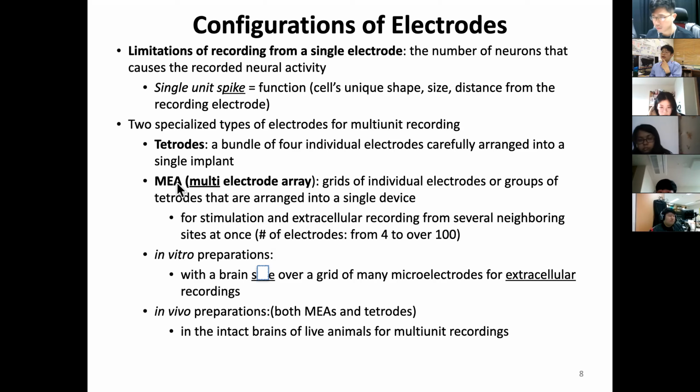So for MEA, if we have multiple electrodes, some of the electrodes we can use for passive recording, but because we have multiple, some of the electrodes we can actually use for stimulation. We can inject current, okay? And then we can see the response. So this allows stimulation and extracellular recording from several neighboring sites at one time.